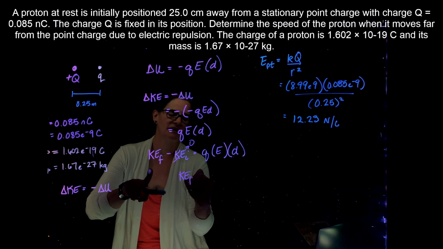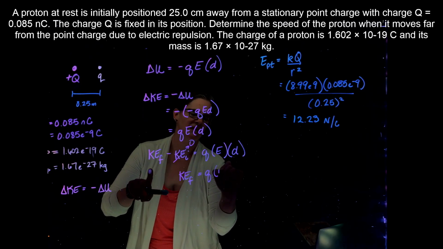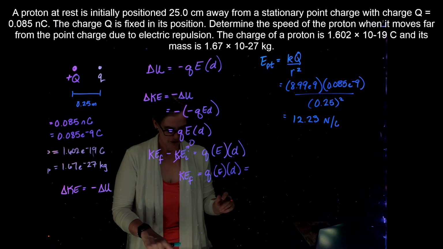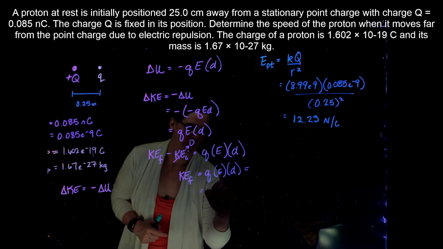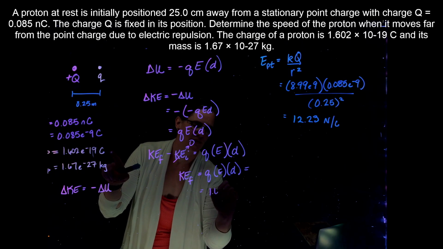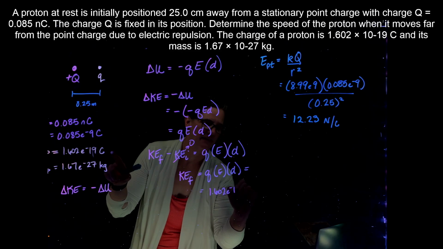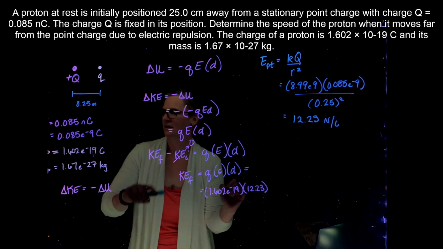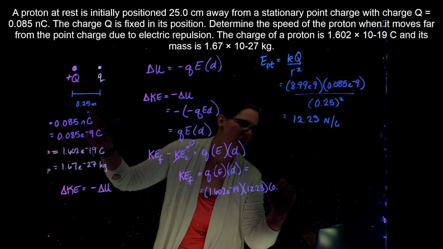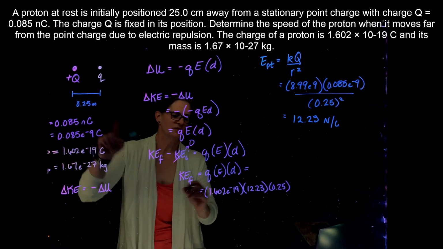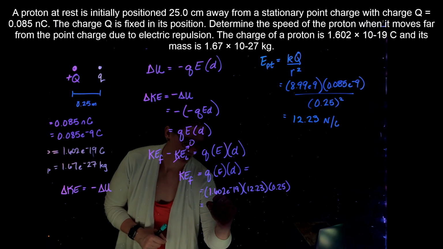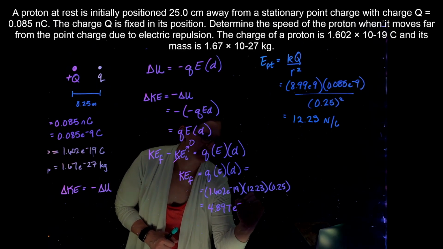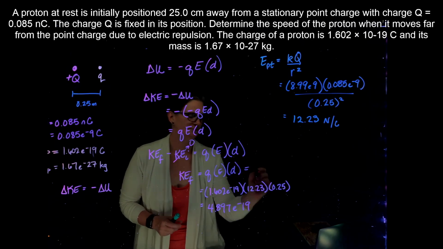So we get kinetic energy final is equal to Q E times D, where Q is our proton, 1.602 times 10 to the minus 19th, our electric field of 12.23, our distance of 0.25. All right, so that gives us a final kinetic energy of 4.897 times 10 to the minus 19th joules.